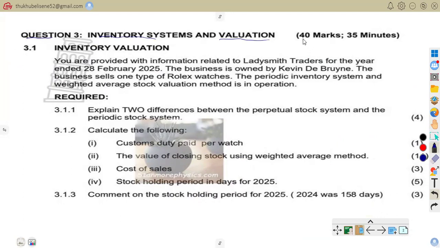This question is 40 marks and you are to take 35 minutes to do it.